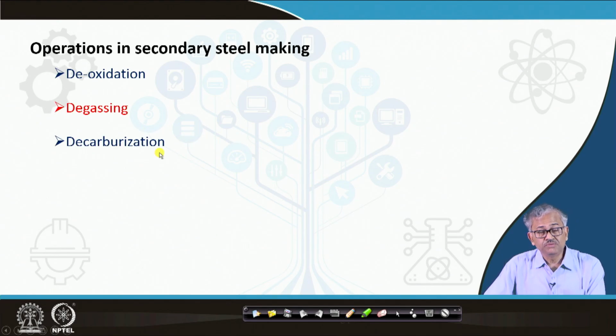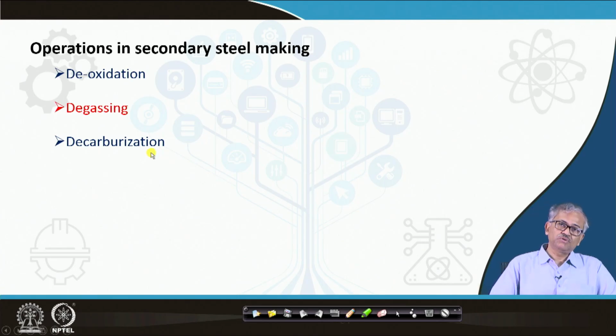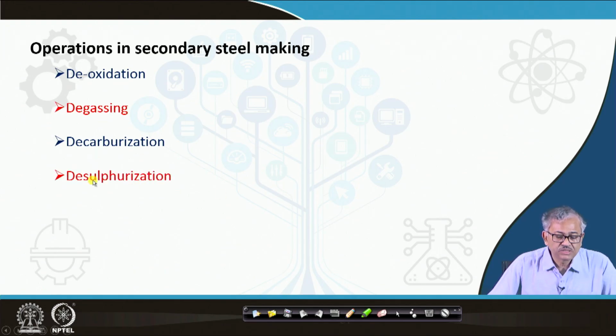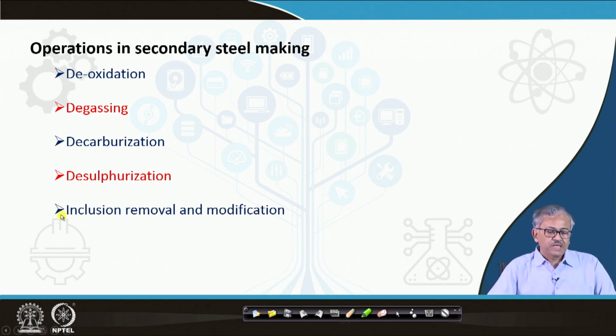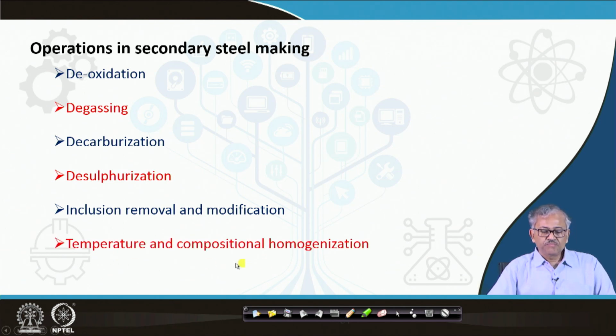You can do the deep decarbonization by oxygen blowing; you can lower the carbon and oxygen under vacuum by oxygen bottom blowing, that is called decarbonization. And then desulfurization, you can do by synthetic slag treatment in the ladle, then inclusion removal and modification, just now we indicated, and then temperature and compositional homogenization.